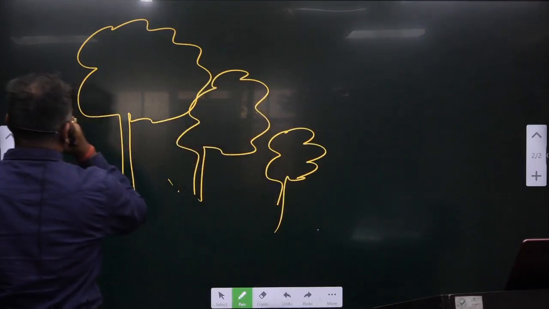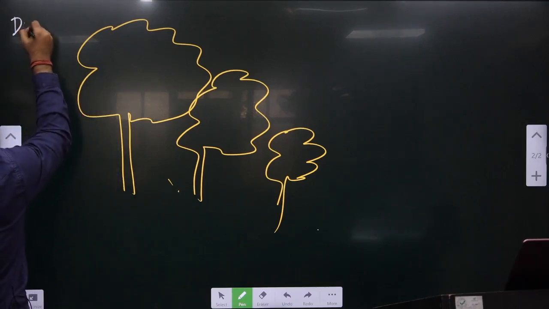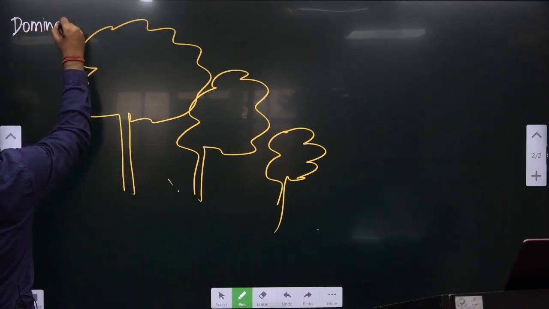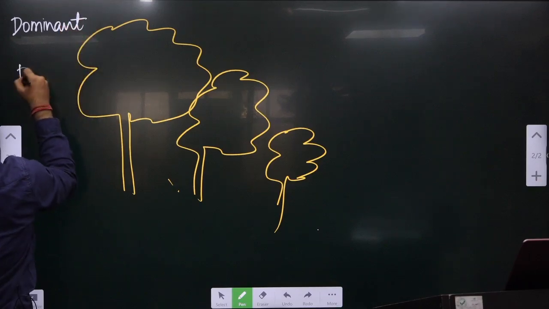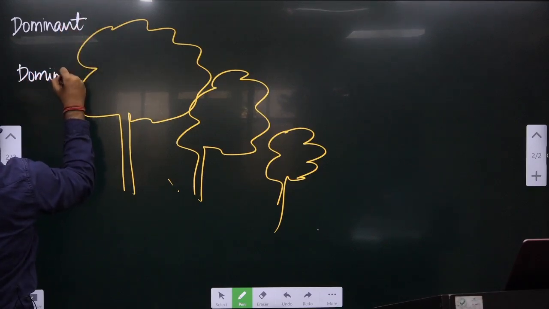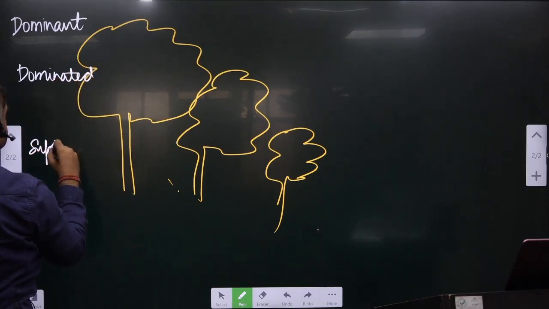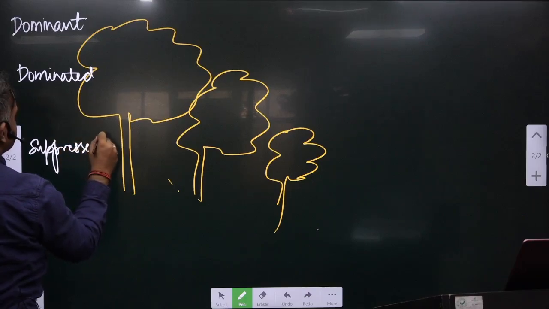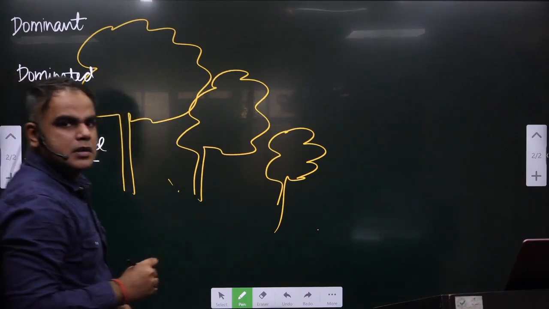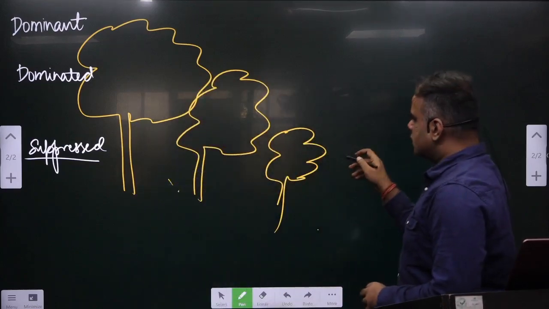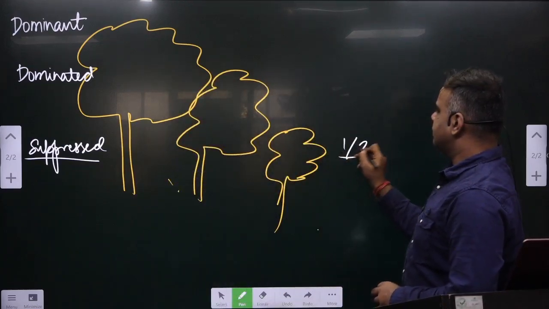Okay, so there are three terms that we generally see: dominant, dominated and suppressed. Okay, the suppressed almost is up to a half the height.